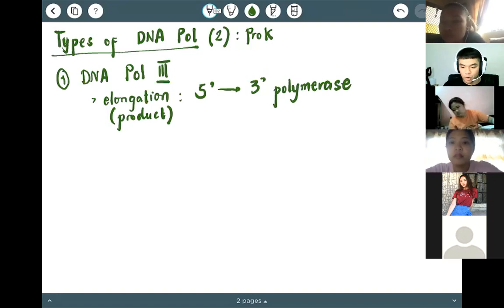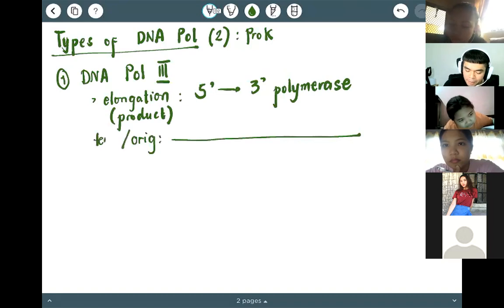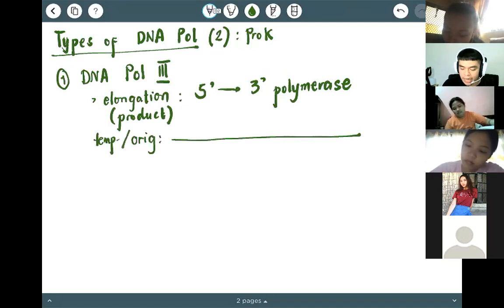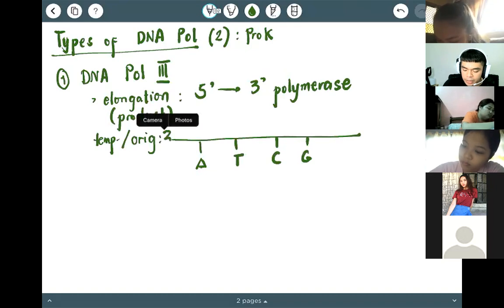So for example, i-draw natin. Okay, for example, this is the original strand, o yung template strand, and then meron tayong sequence like A, and then T, and then C, and then G. So the direction, as I've said, for the original strand is from 3 prime to 5 prime.